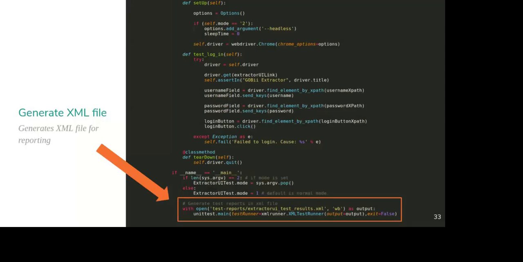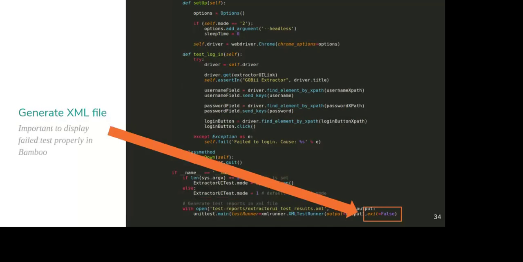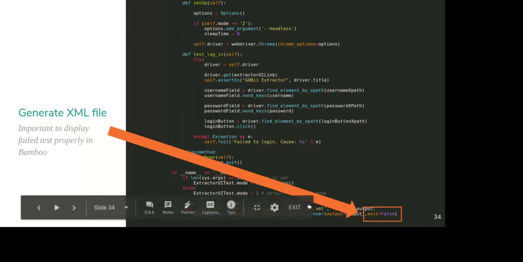And then this part is where we generate the XML file for the reporting. We need this part for it to be readable in Bamboo. This part is important to display the failed tests in Bamboo.